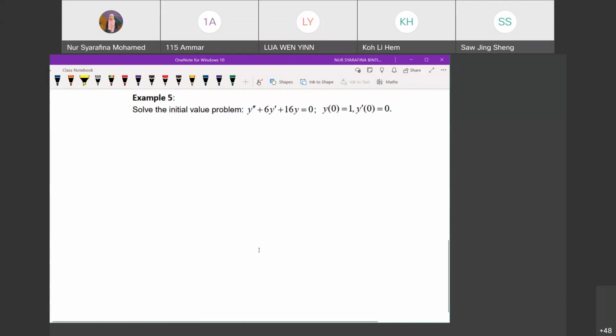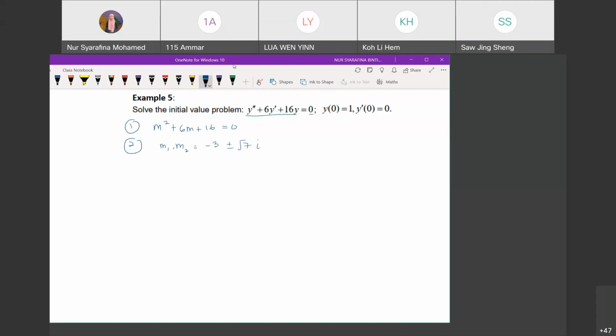Okay, first you know that this is second order and homogeneous because the right hand side equals 0. When it comes to second order, first you change to the characteristic equation, m squared plus 6m plus 16 equals 0. Solving this, you obtain m equals minus 3 plus minus 7i. All of you got this?